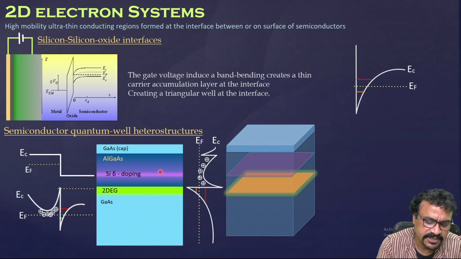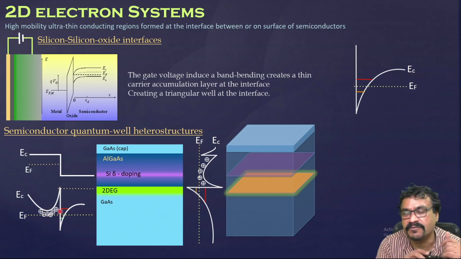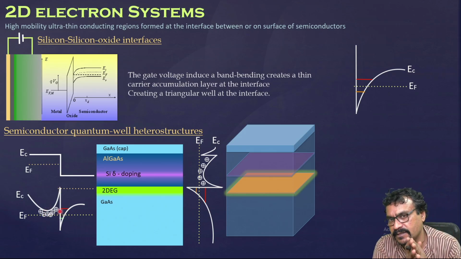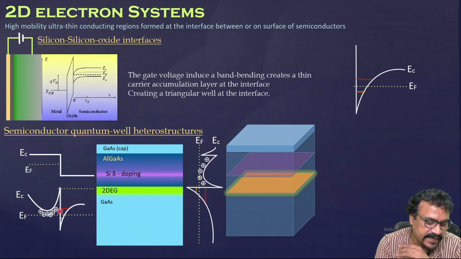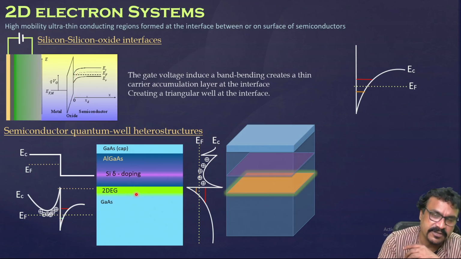But in the doped structure you have dopants remotely sitting somewhere in the wider band gap, and these electrons spill over into this quantum well, and you get the charge carriers, electrons, there. Again, the interface in this system is much cleaner than here, so these tend to have higher mobility.